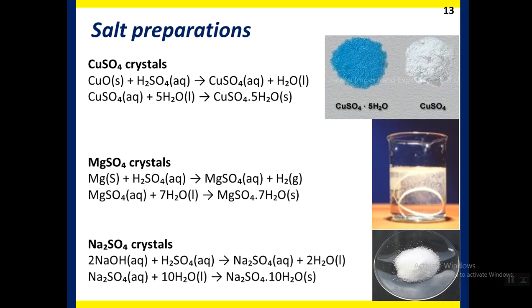So next, magnesium sulfate crystals. So here magnesium metal has reacted with sulfuric acid and formed magnesium sulfate solution and H2 gas. And when this magnesium sulfate is further reacted with water, it has formed MgSO4·7H2O, right?